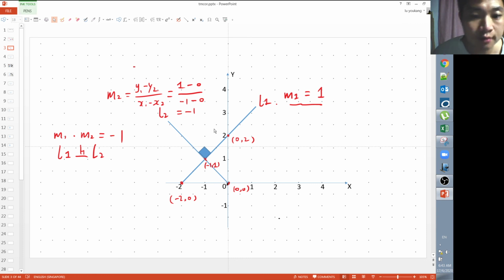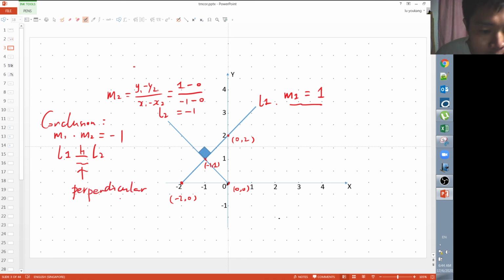So the conclusion here is this: if gradient 1 times gradient 2 is equal to -1, then line 1 is perpendicular to line 2. This is a symbol for perpendicular. Perpendicular means 90 degrees to each other.